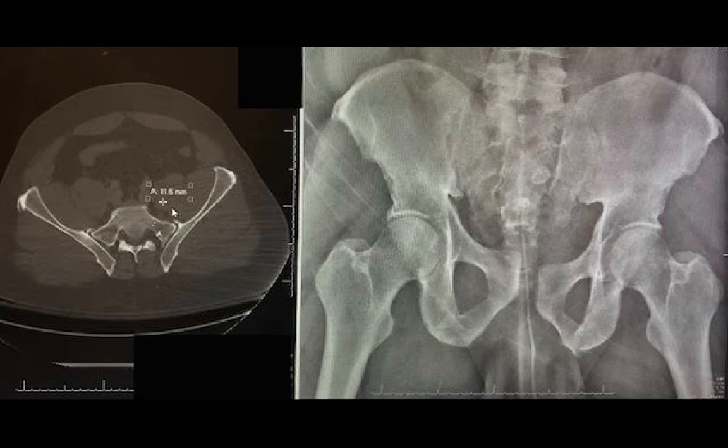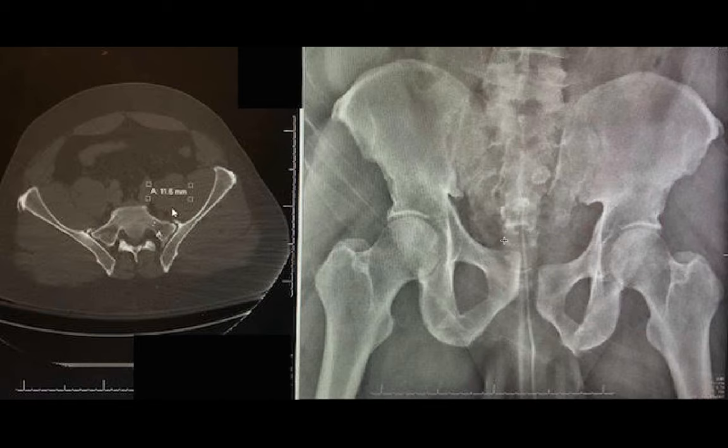So when I was looking at this, the LC type tiny buckle on this side is not really, in my mind, much to worry about. The more important thing is really addressing that SI joint and the symphysis and what happens to it.